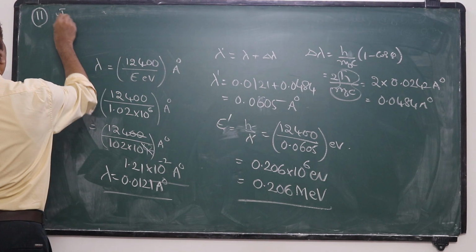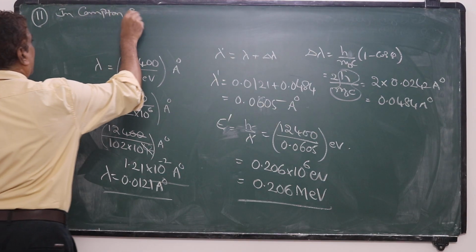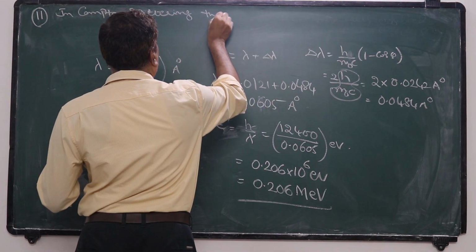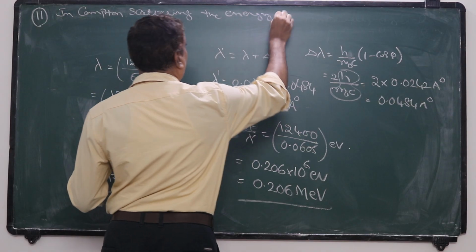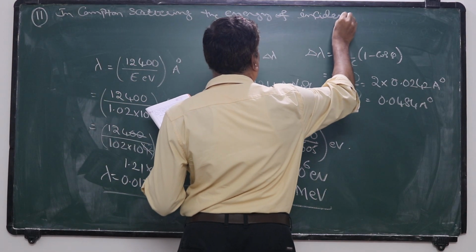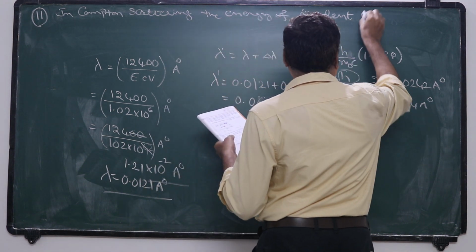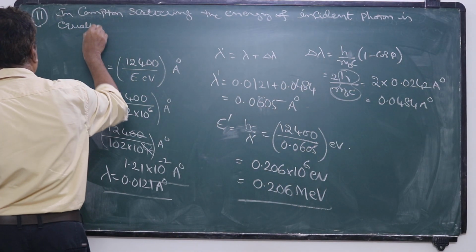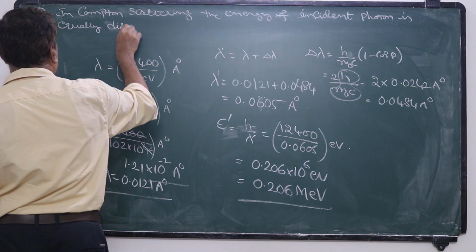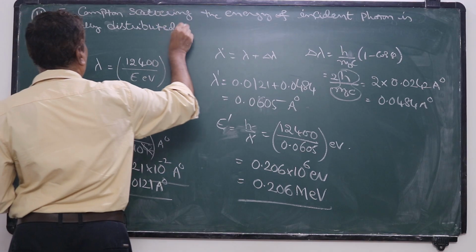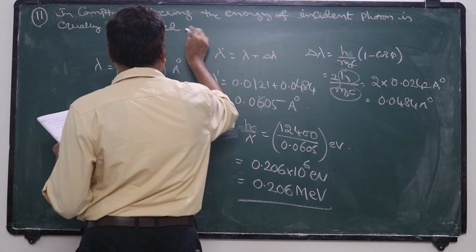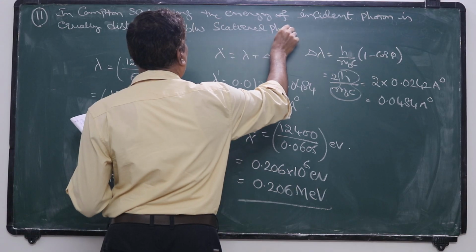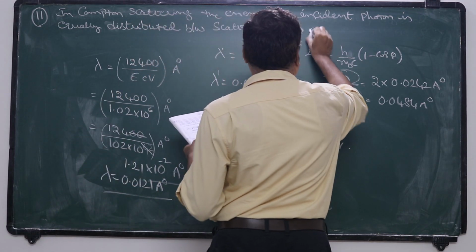Okay. In Compton scattering, the energy of the incident photon is equally distributed between the scattered photon and a recoil electron.